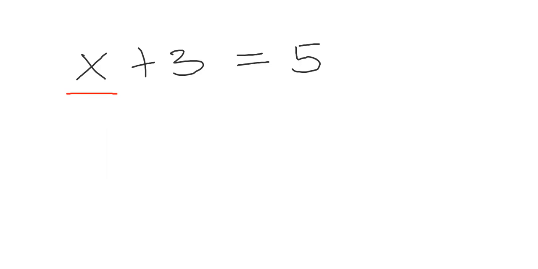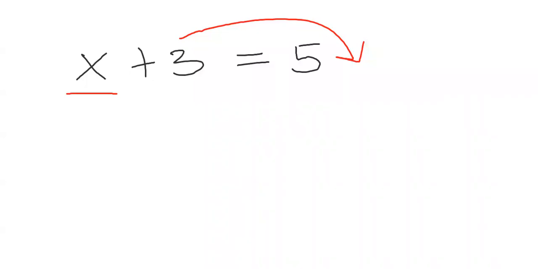For example, for us to solve this equation, we are going to have to take this 3 on this side. We're going to take 3 on the other side of the equal sign. And why are we doing that? We are doing that to collect like terms. I think you can see that the 3 and the 5, they are like terms because both of them don't have a variable.